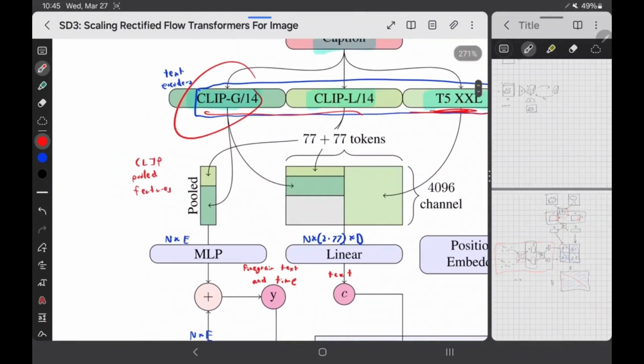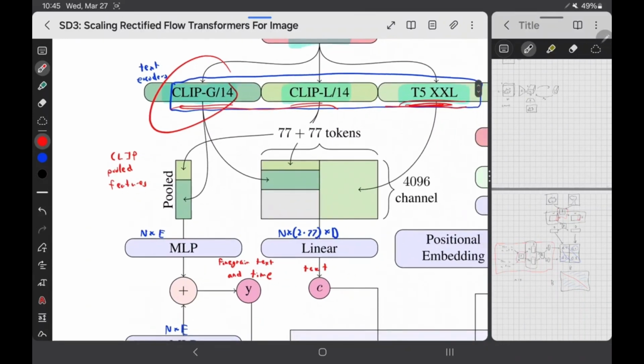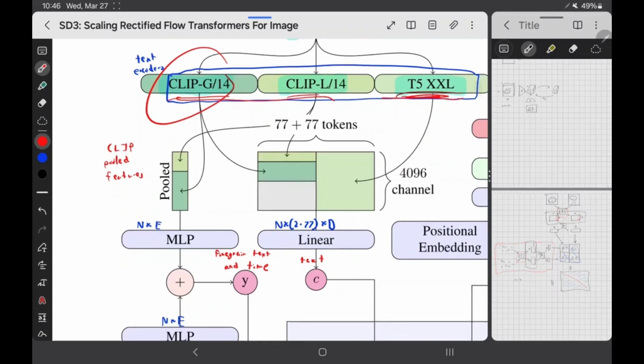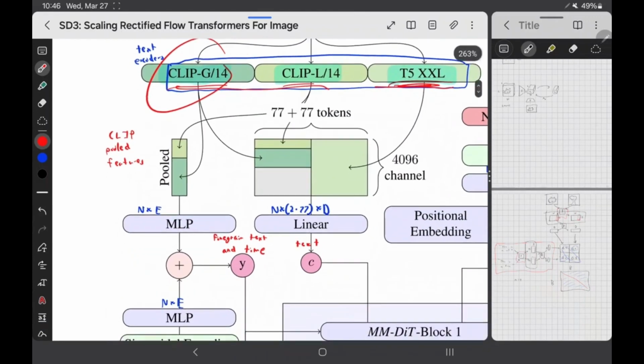Now another thing they do is they get this pooled information here. And the pooled information is post-reduction for the CLIP models. Like I said, T5 doesn't have a reduction mechanism, and that's because it is an encoder transformer. So it doesn't have that reduction mechanism that the CLIP models have. That's not how it was trained.